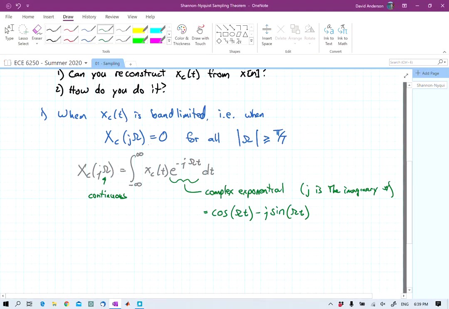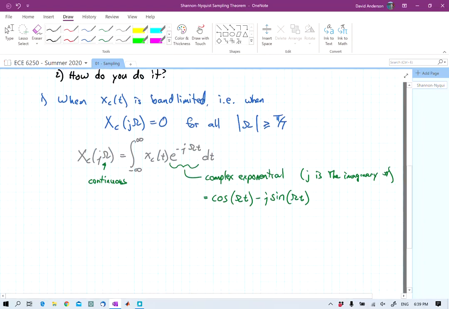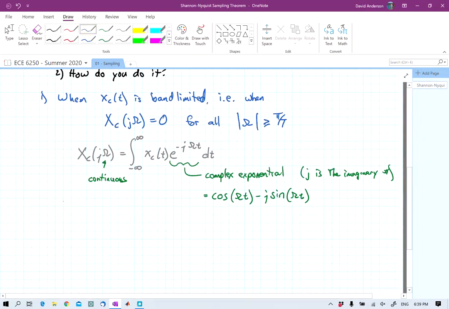when x is band limited, as in when the Fourier transform is 0 above some certain point, then we can reconstruct xc of t from x of n as long as we sample twice as fast as the highest frequency.